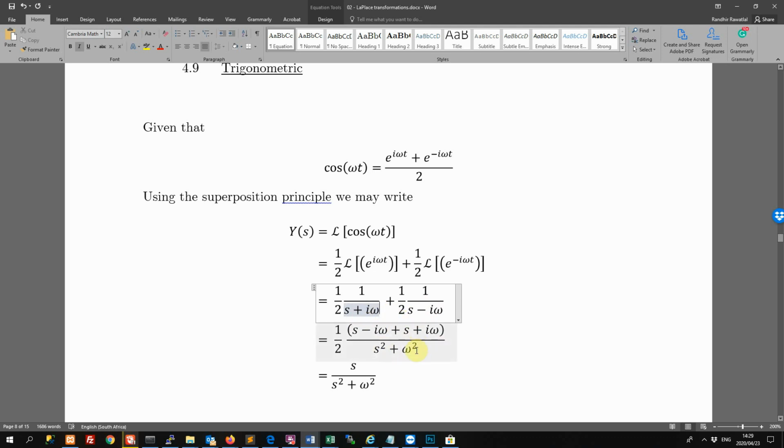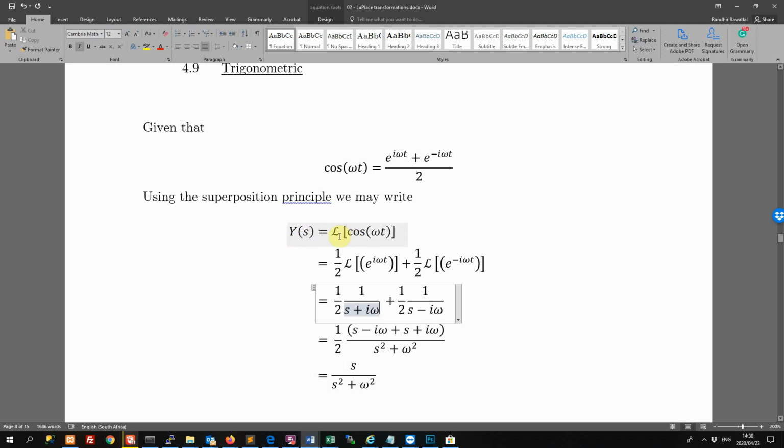If you multiply that by this factor, what will be left over here is s minus i omega, and then what will be left over here is s plus i omega. And then here you can see the minus i omega cancels with the plus i omega. And this is s plus s, which is 2s, that can cancel with the half too, leaving us nicely with s over s squared plus omega squared.